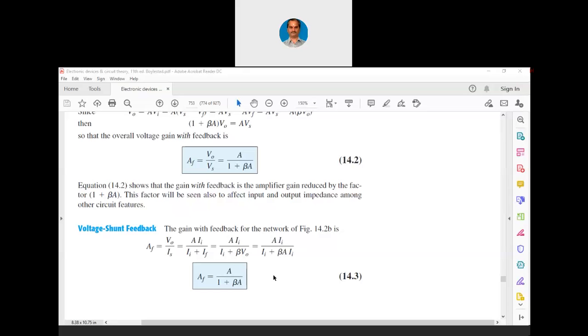Anyway, my suggestion to you again is, don't just listen to me, don't just read this particular textbook. You will have to practice all these equations on your own by writing the block diagram for a particular type and actually writing an expression for the gain with feedback AF.